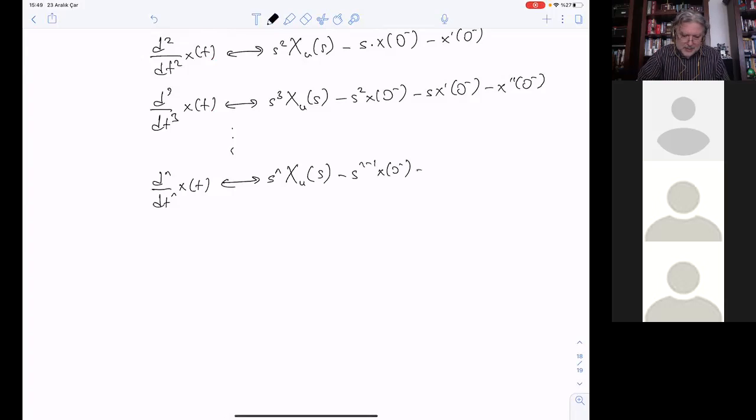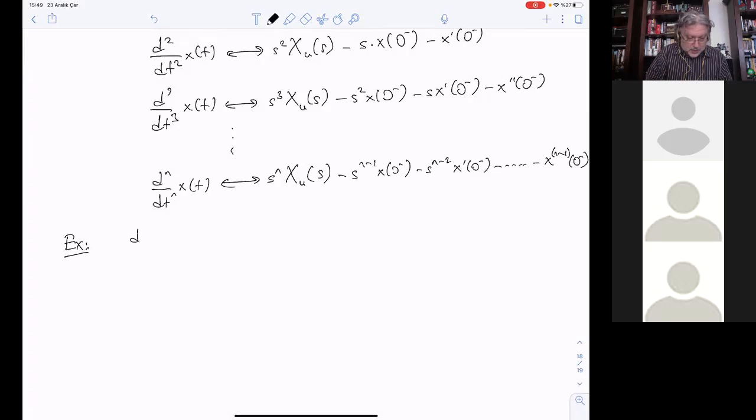And minus S to the n minus 2 times the first derivative's initial condition, minus all the way up to the n minus first derivative at 0. So all the derivatives up to the n minus first derivative must be given, as well as the signal itself at 0.